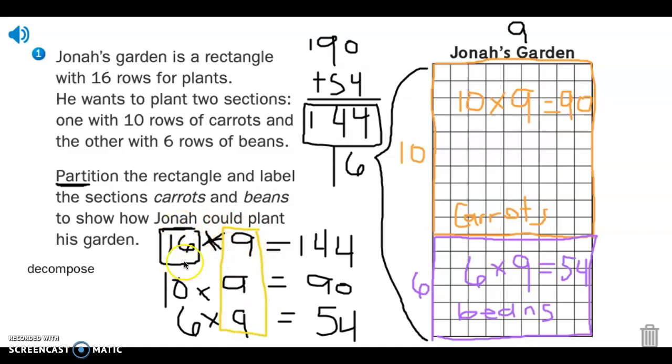That means I break apart only one number. We broke apart the bigger one, the 16, and we left them multiplying by 9. So I multiplied 9 10 times and I multiplied 9 6 times, but really I multiplied them 16 times after I add my two numbers here. So we decomposed it, or we actually partitioned our garden, which is like decomposing or breaking apart our multiplication problem into numbers that we understand better.